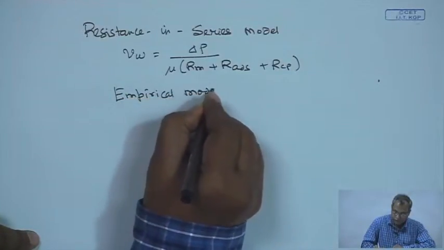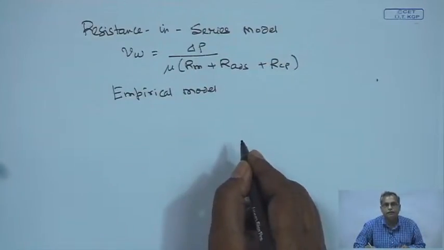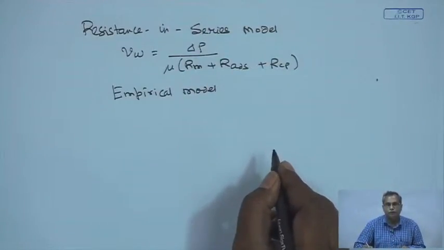Generally we take recourse to empirical models like the resistance in series model where we have a complex real fluid, for example an effluent or a juice, a real life effluent containing thousands of components. As we have discussed earlier, it is difficult to identify these components, and also their concentration as well as their properties.